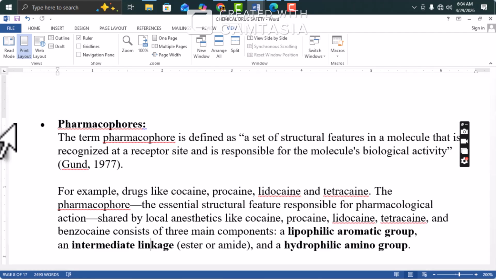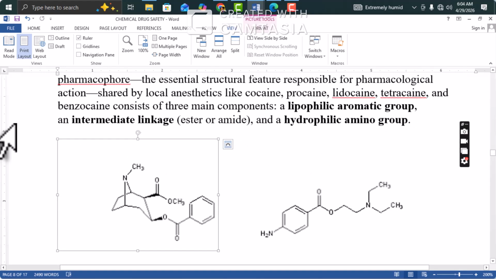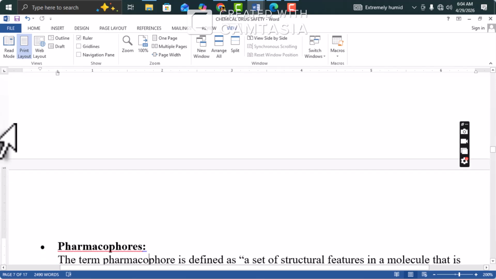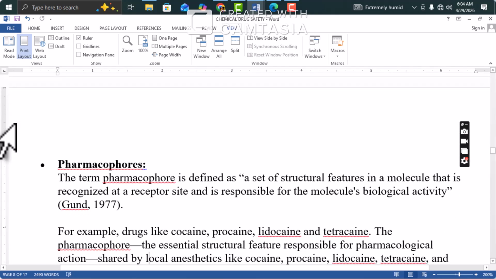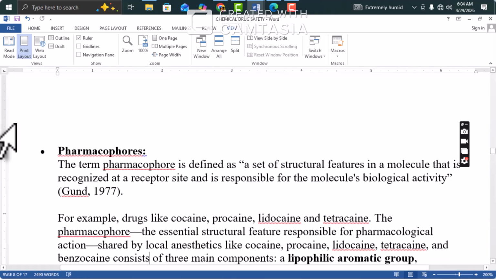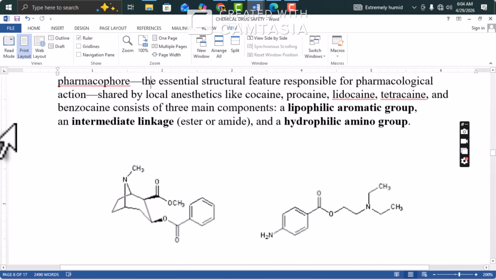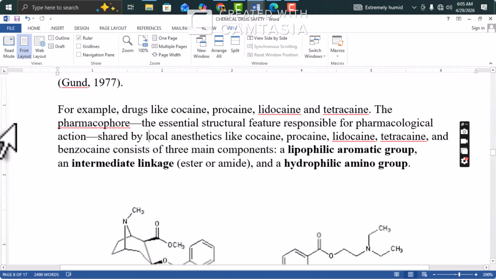Now, an example will be, remember we talked about cocaine, procaine, lidocaine, and tetracaine in class. So I'll be moving on from there. So they all have the same pharmacophore. So what's the pharmacophore for these APIs? If you notice, look at my cursor.